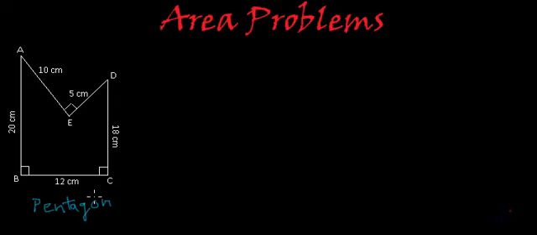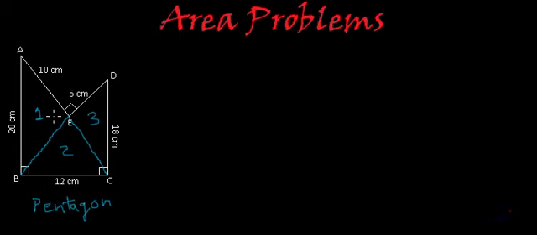So what can we do? We can convert this pentagon into triangles. If I draw this line and this one, now we have 1, 2 and 3 triangles, and now we can find the area of these 3 triangles, and if we add all those areas we will find the area of the original figure, right?